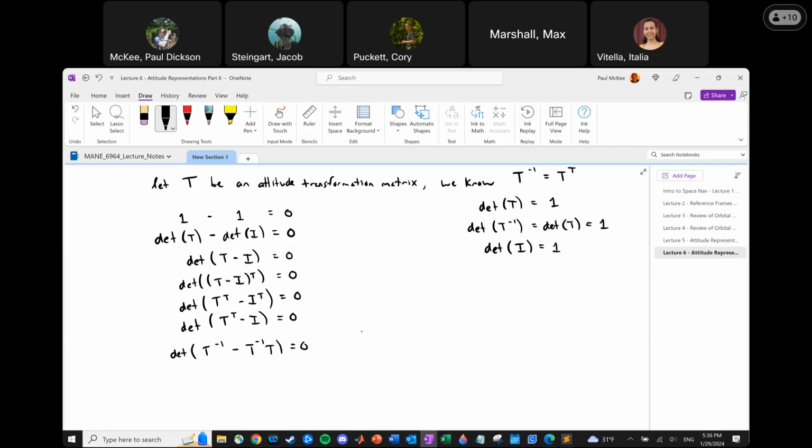So we're allowed to make that substitution. And maybe we can do a little bit of grouping here. So this is really T inverse and then I minus T.